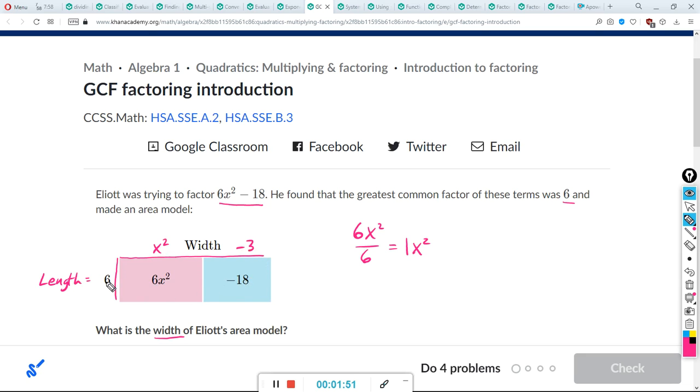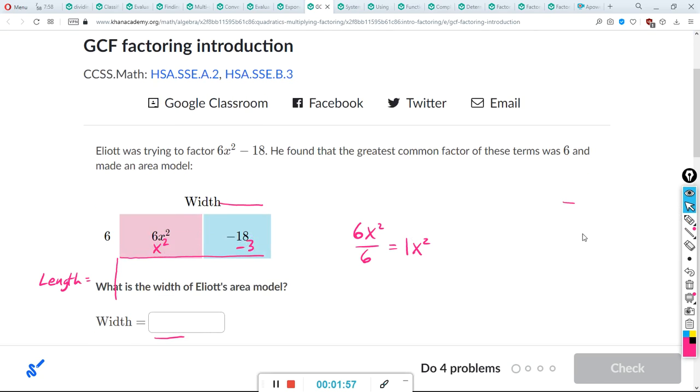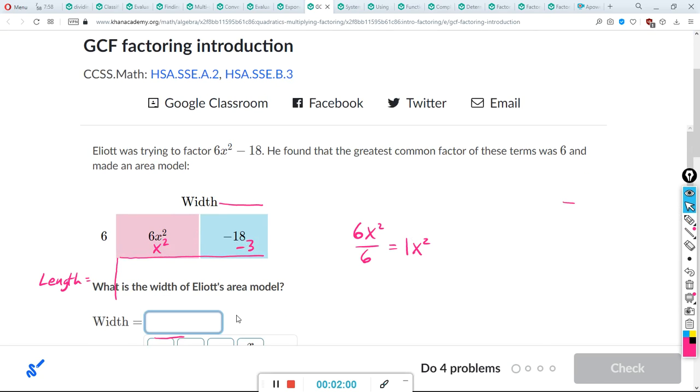So the length is 6, and the width is going to be x squared minus 3. So just go to the box and type in x squared, hit the right arrow key, minus 3.